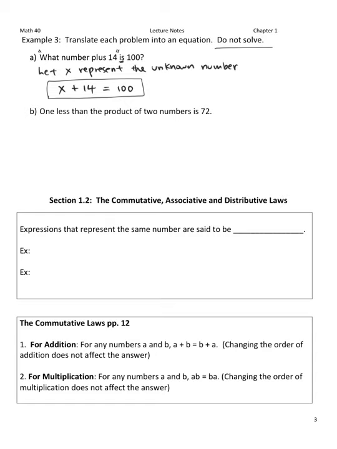Okay, B. 1 less than the product of two numbers is 72. Now we have two numbers, so we're going to let x and y represent the unknown numbers.